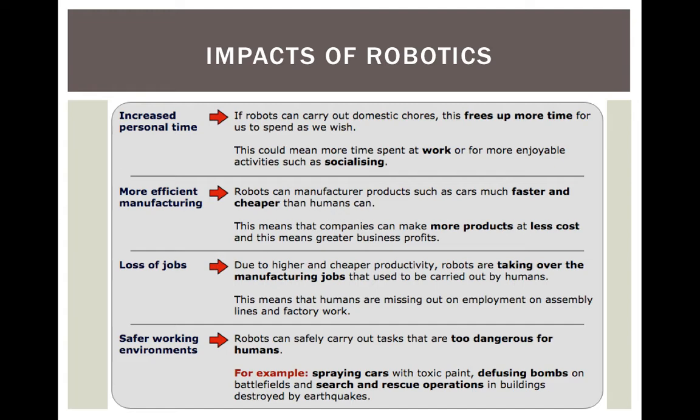There's not as many of those jobs as there are the jobs that the robot is replacing. So if you think about automatic checkouts at the tills in the supermarket, robots in factories and robots in warehouses, there are far more of those jobs being lost than new jobs being gained for robotics.